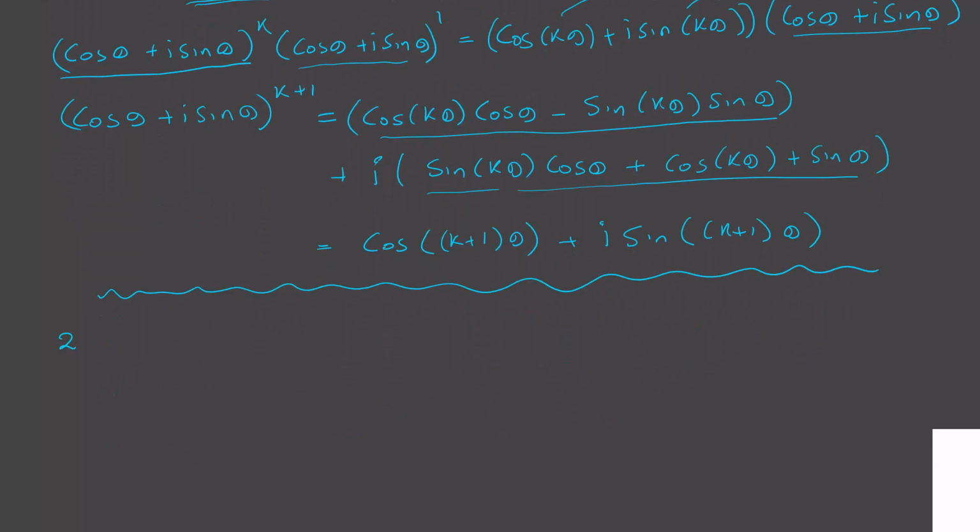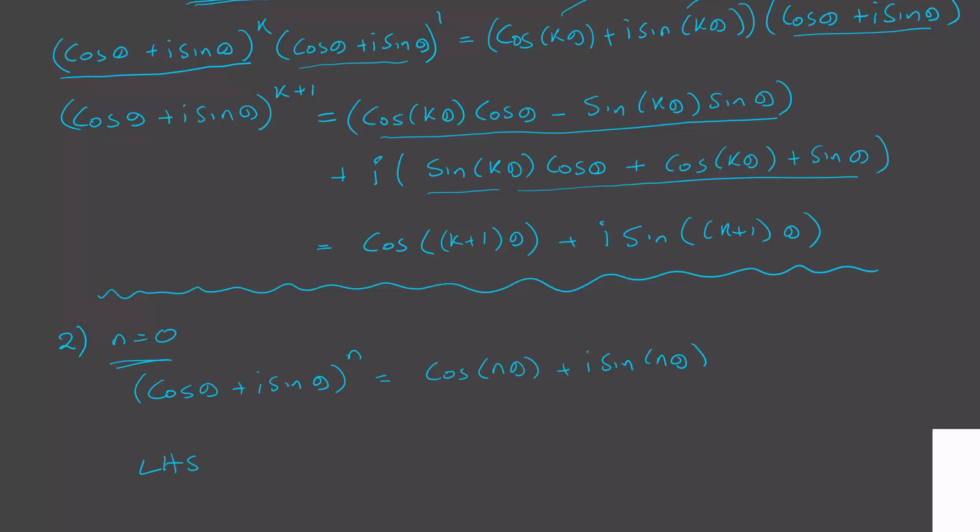Now part 2, the specific case of n being equal to 0. So we've got (cos theta + i sin theta) to the n being equal to cos n theta + i sin n theta. And we've got n equal to 0.